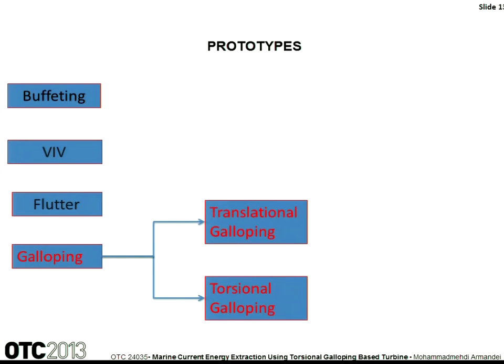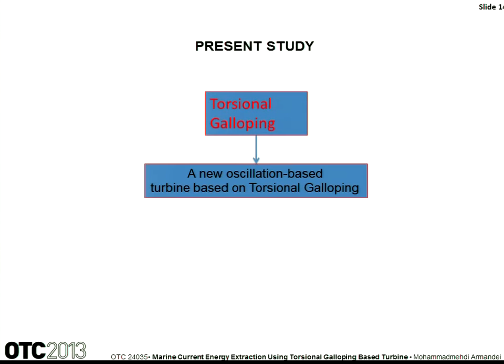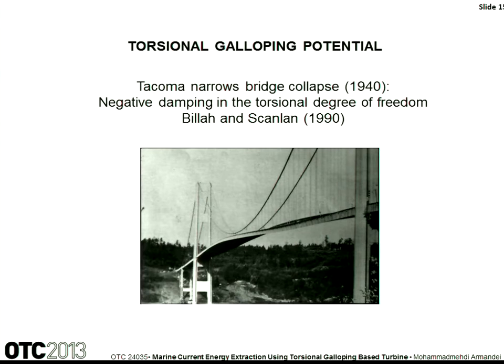Galloping has two different types, translational galloping and torsional galloping. In the literature so far, there are some prototypes using translational galloping to extract energy from currents, but the main objective of this research is to introduce a new oscillation-based turbine which works based on torsional galloping.